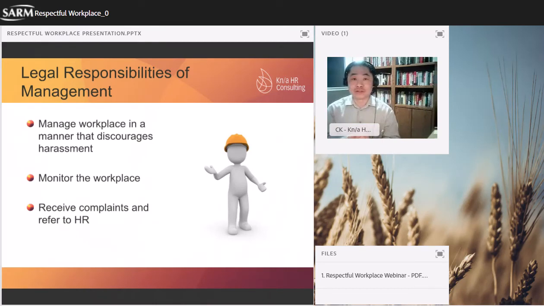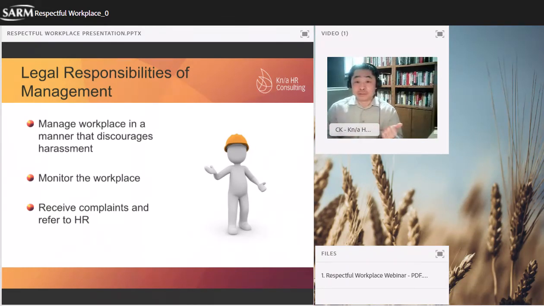Now, we talked about key components of your policies, but there are also some legal responsibilities for management to ensure that the workplace is respectful and free of harassment. There are some statutory responsibilities that management has to ensure are in place.